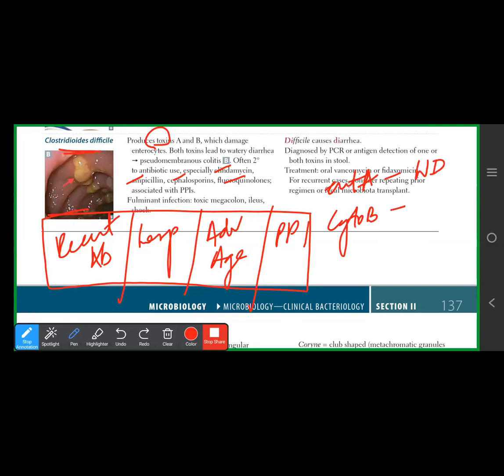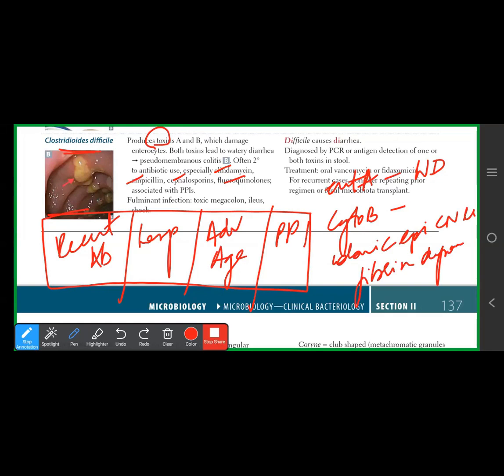So for enterotoxin A, directly remember watery diarrhea. Cytotoxin is obviously going to cause necrosis. Where is the cell necrosis going to happen? In the colonic epithelial area. After the necrosis, they will also have fibrin deposition.